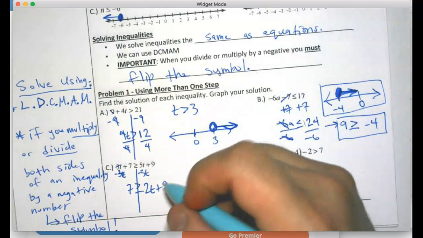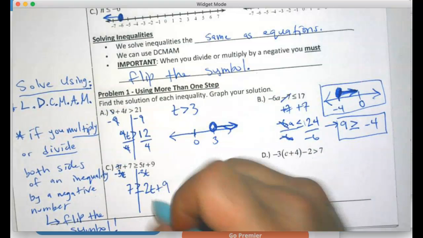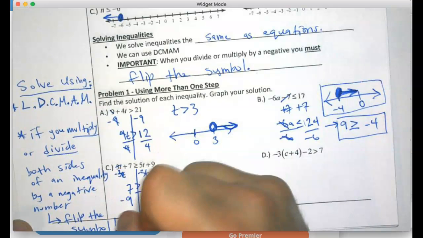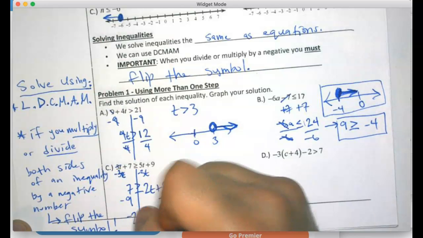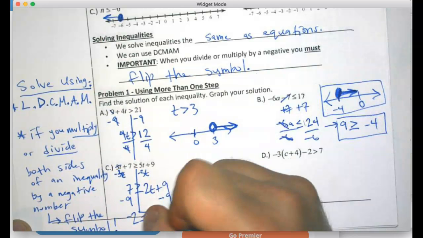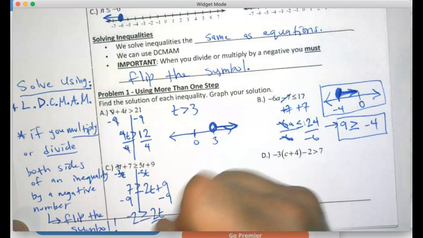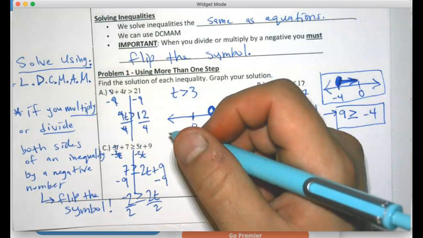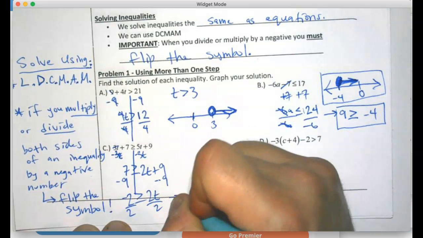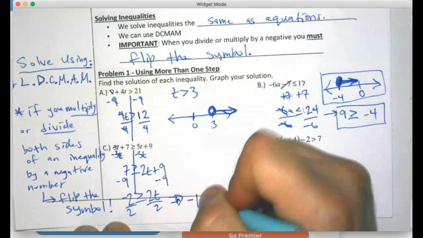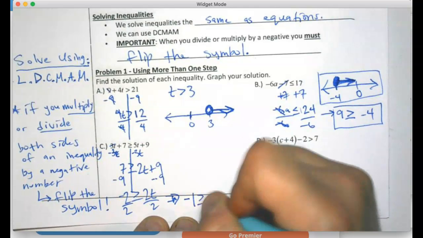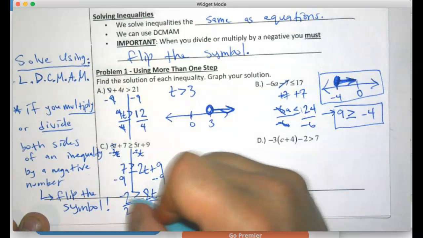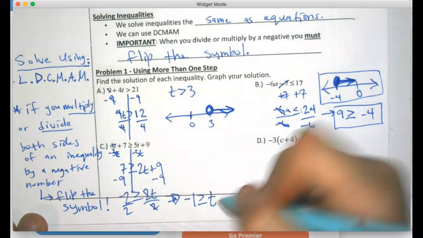Since I already moved my variables to the right, I definitely want to move this 9 to the left. 7 minus 9 is -2. That's greater than or equal to 2t. Last step is divide by 2. -2 divided by 2 is -1, which is greater than or equal to t.